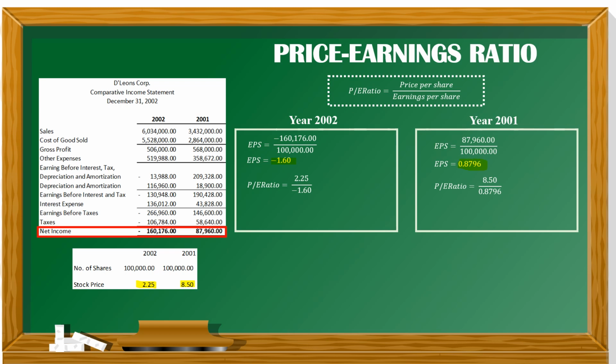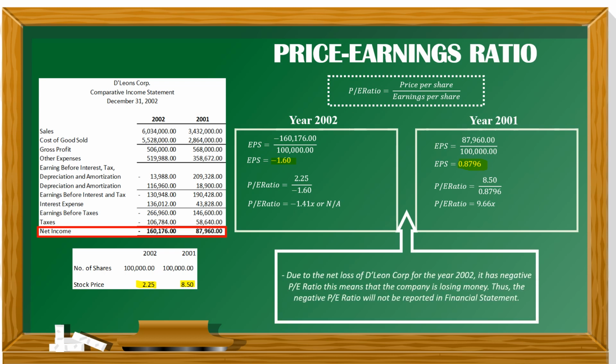So in 2002, we have a P/E ratio of negative 1.41 times. Then in 2001, we have a P/E ratio of 9.66 times. Okay. Now, what does this say?